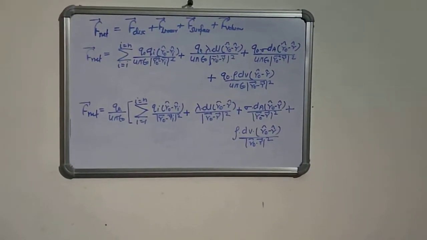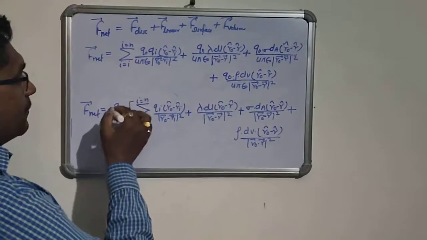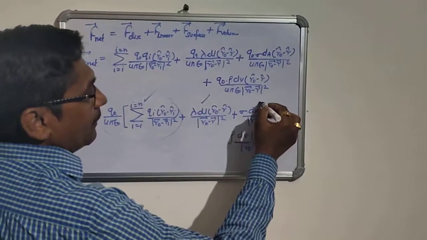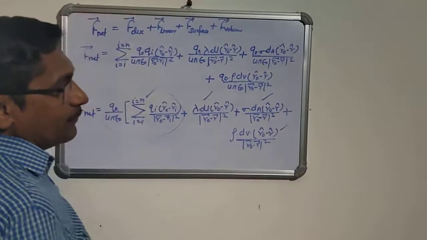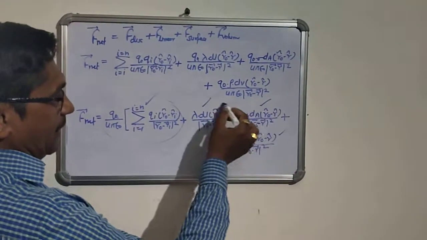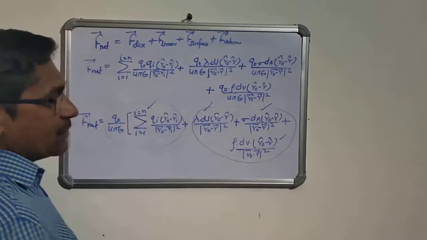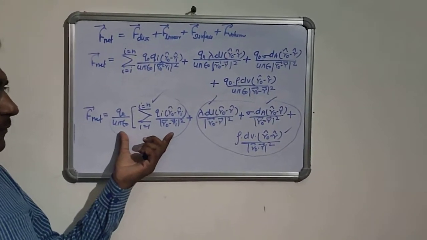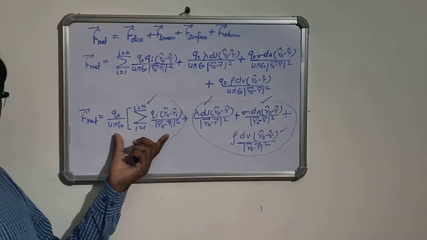This is the net distribution of charge. The first term represents the discrete manner, the next is for linear and surface, and the last term represents the volume distribution. These three terms are called continuous distribution of charge, and the other is called discrete distribution of charge.